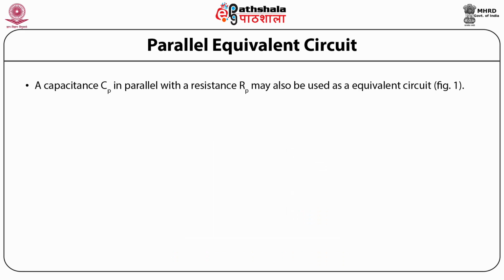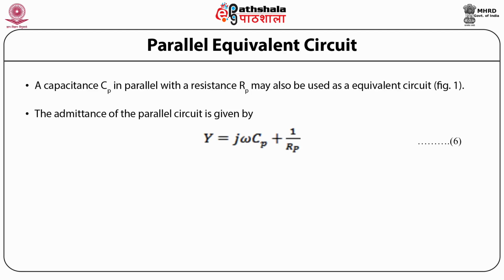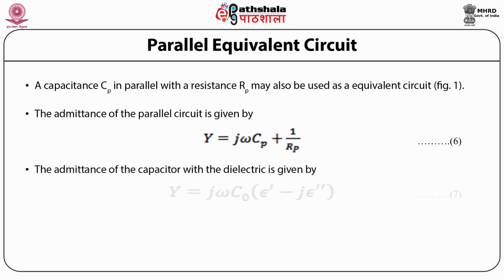So a capacitance Cp in parallel with a resistance Rp may also be used as an equivalent circuit, and the admittance of the parallel circuit is given by Y equals j omega Cp plus 1 by Rp. The admittance of the capacitor with the dielectric is given by Y equals j omega C0 into epsilon prime minus j epsilon double prime.